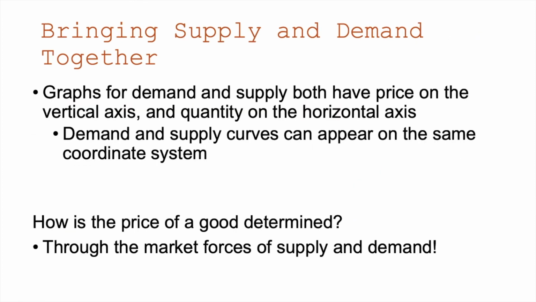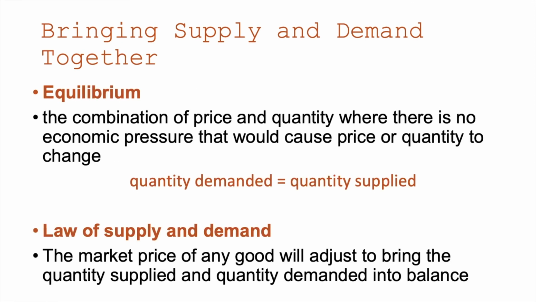So we're going to put supply and demand together now. Both my graphs for supply and for demand had price along the y-axis and quantity along the x-axis. So we can put them on the same graph, and they're going to intersect with one another. That intersection point is how the price of a good is determined, through both supply and demand, those forces coming together.